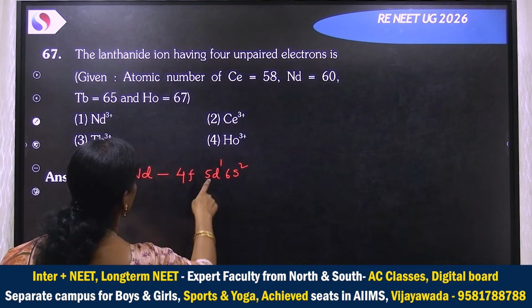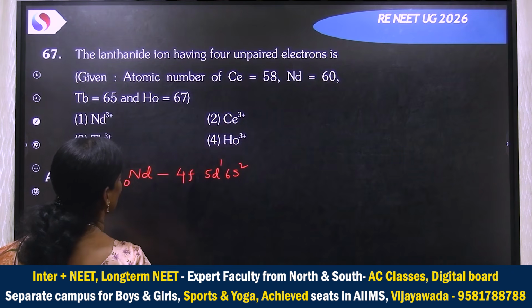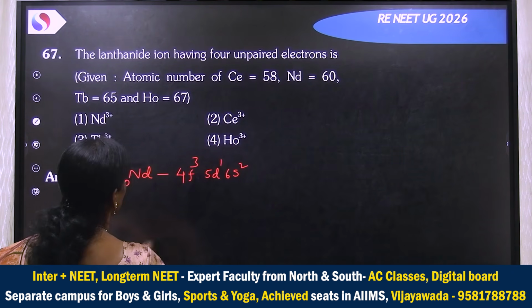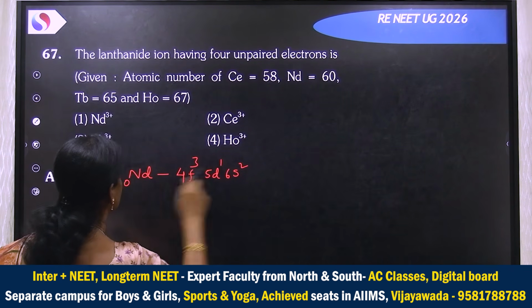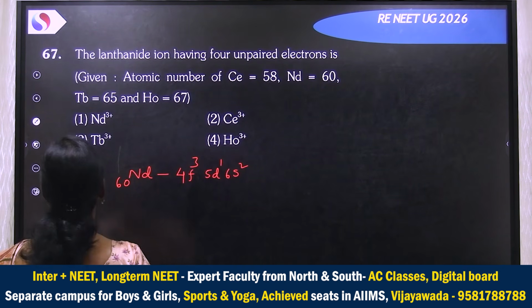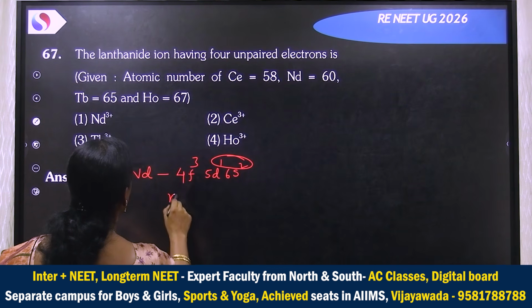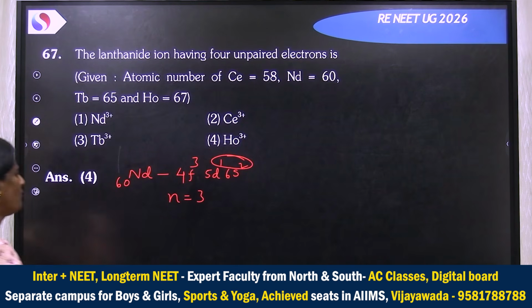Cerium means 4f1, neodymium 4f1, 5d1, 6s2, 58. Next 2 more electrons, 4f3, 5d1, 6s2. Neodymium plus 3 means these electrons are lost. So the unpaired electrons are only from the f subshell. So the number of unpaired electrons is equal to 3.